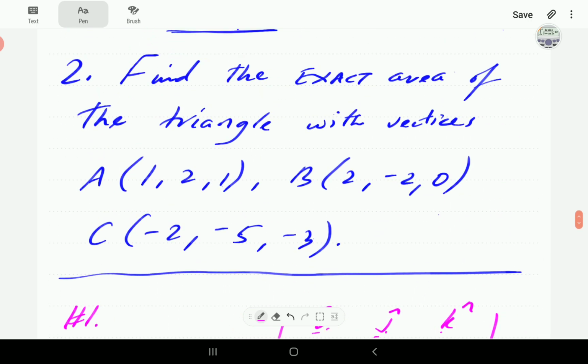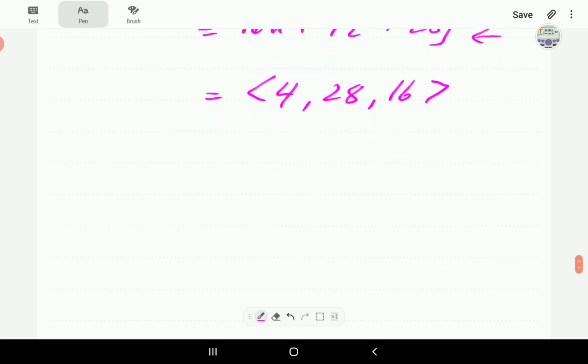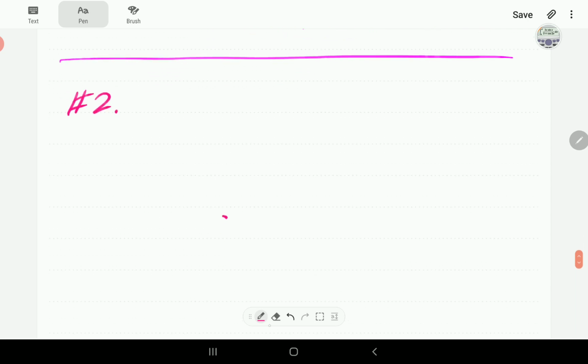Okay, in number 2, we want to find the exact area of a triangle with vertices A, B, and C. They are specified. So I'm just going to make a little sketch here just so that we appreciate what's going on. It's going to be a very rough sketch because of course it's impossible to do justice with this type of thing, because these coordinates are in 3D space.